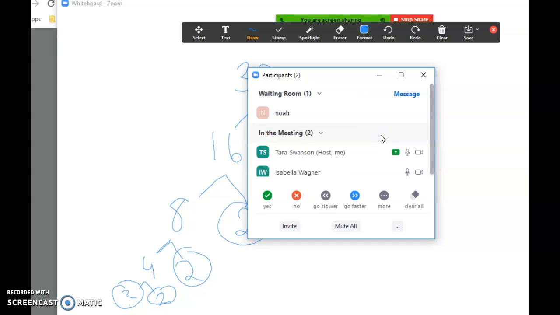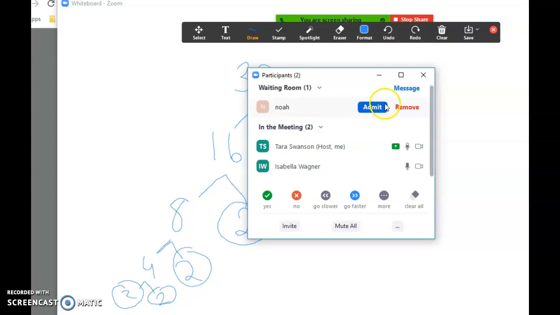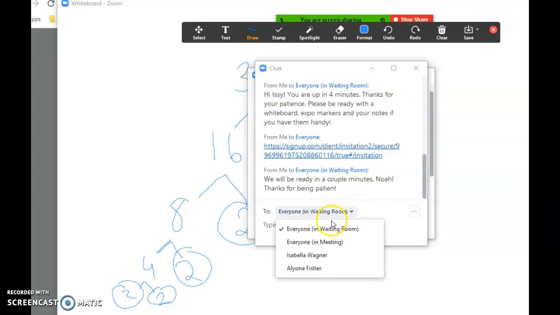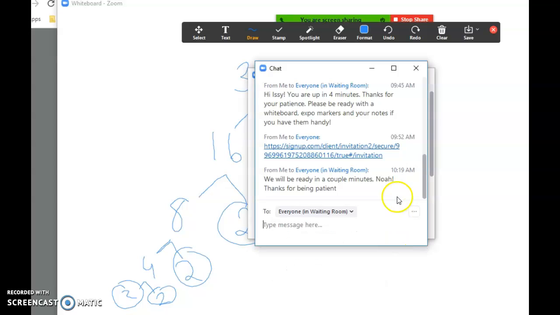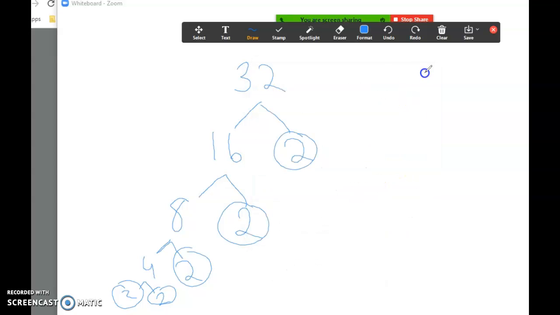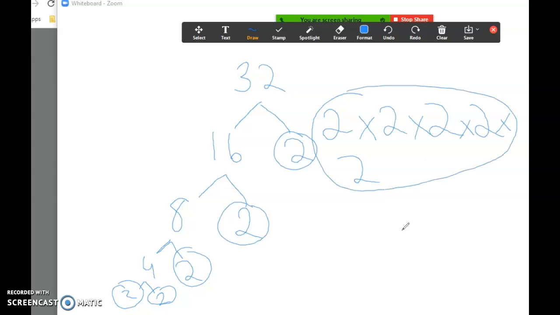You first count how many 2s you circled, then we multiply the exact number of how many 2s there are. Okay, so we multiply 2 by what? So we're multiplying 2 how many times? 5 times. Okay, so 2 times 2 times 2 times 2. So Izzy, how would I write this expression? Instead of writing it like this, how would I write it using powers and exponents?